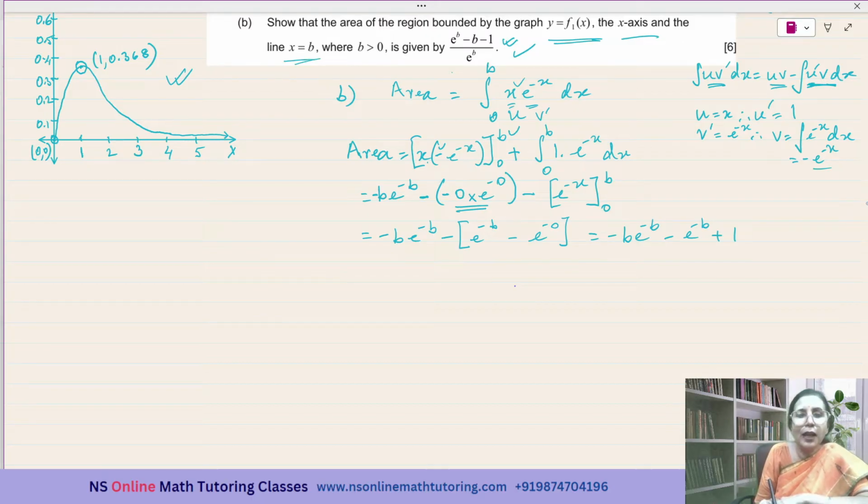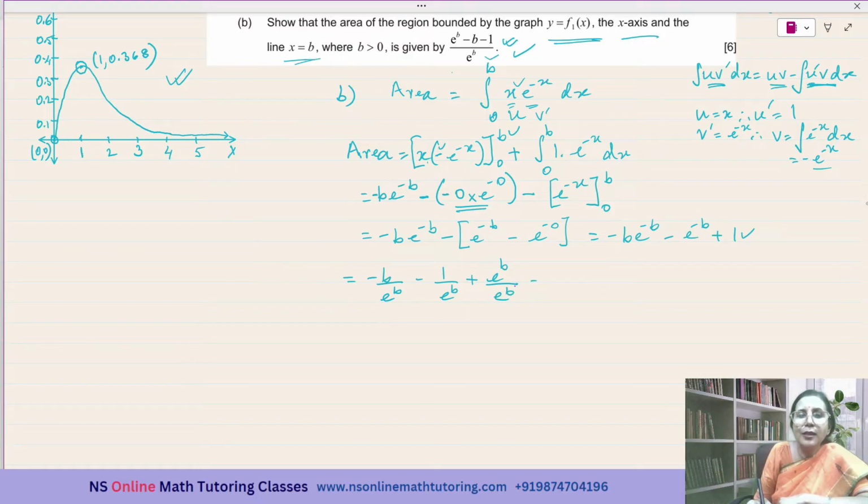So this can be written as negative b over e to the power of b minus 1 over e to the power of b. And I have to get the common denominator as e to the power of b. So I am writing 1 as e to the power of b over e to the power of b. Okay.